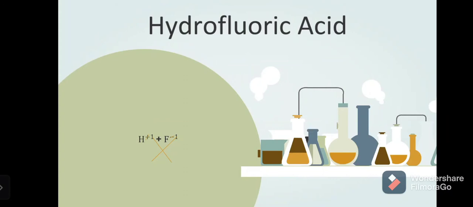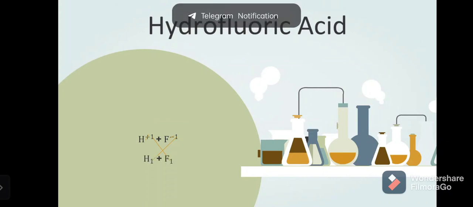So for the next step, we'll just copy the symbols H and F. And for the subscript for the hydrogen, we will cancel out the positive, then bring it down to the fluorine. And for the fluorine, we will cancel out the negative and we'll bring it down to the hydrogen.